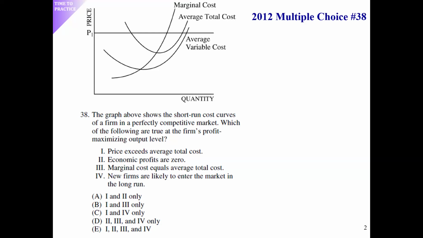A lot of people had it either here or here, but neither of those decreases consumer or producer surplus, so it can't be in those spots. It's here. The total surplus is decreased because, as I said before, consumers are driven out of the market because prices go up.